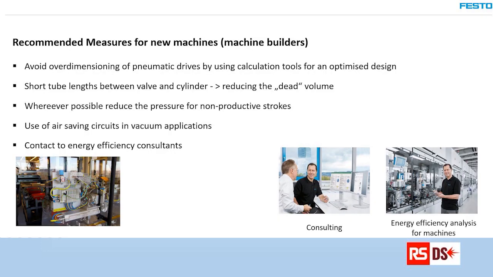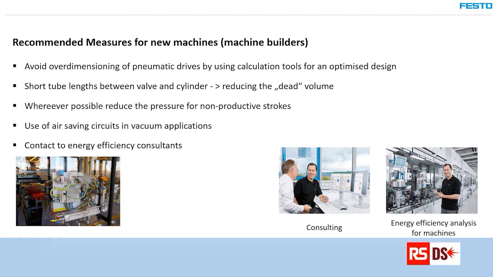For the machine builders, we have first our support, consultancy from our side, or our customers, machine builders can use all our dimensioning tools on our homepage. They are all free of charge for them, and then they can calculate. They need 5 or 6 data from the application, put it in the tool, and then they can see, okay, the tool mentioned I use a cylinder with a size of 32 millimeters.